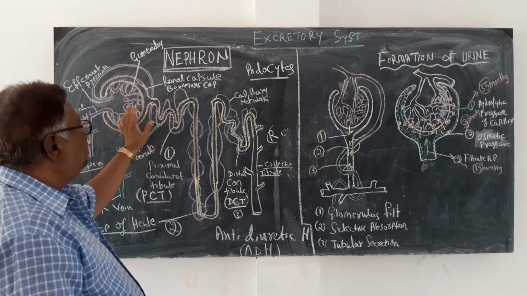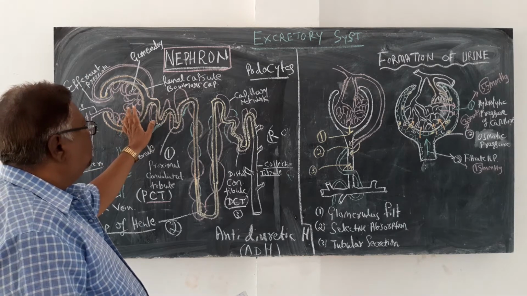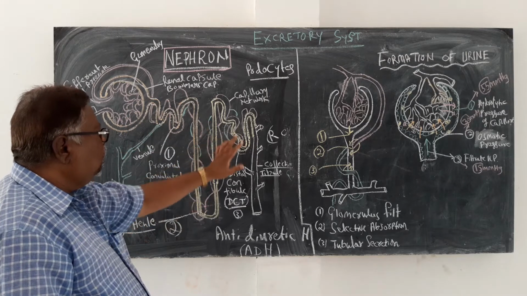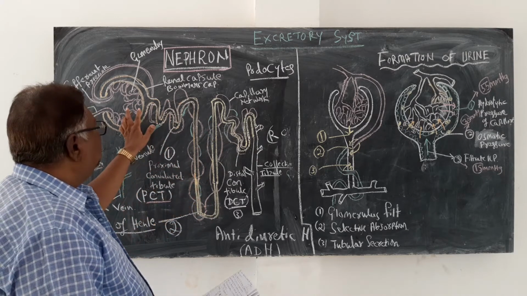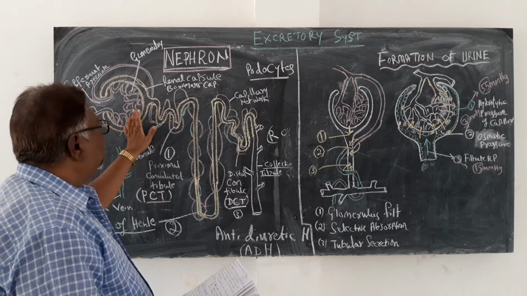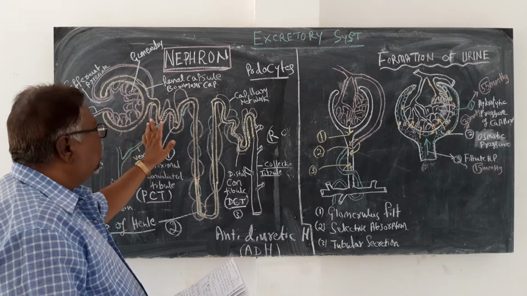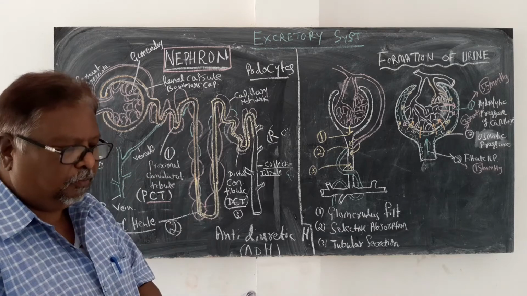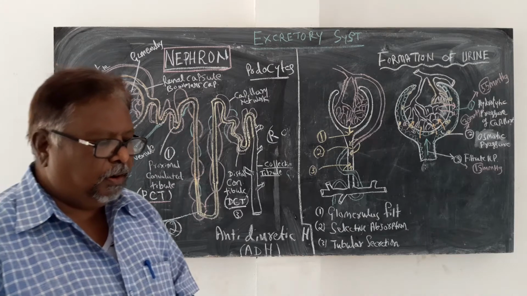Here the exchange takes place. So, in the complete nephron, the urine is produced by the exchange between the blood capillary portion and the nephron.